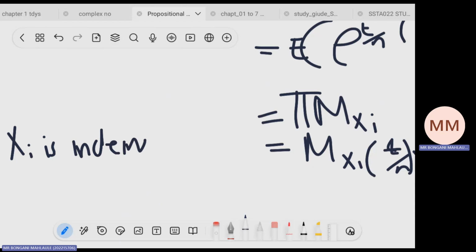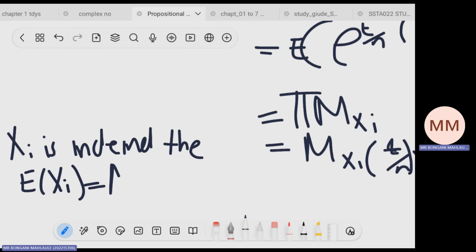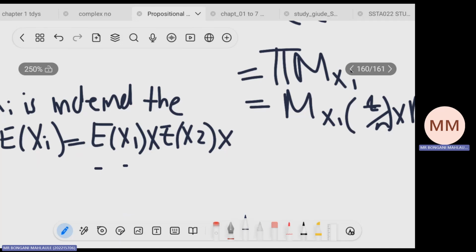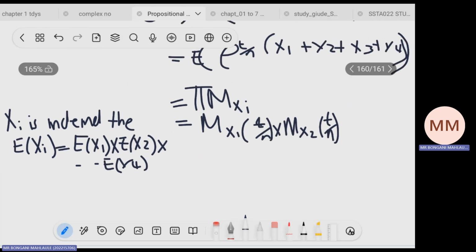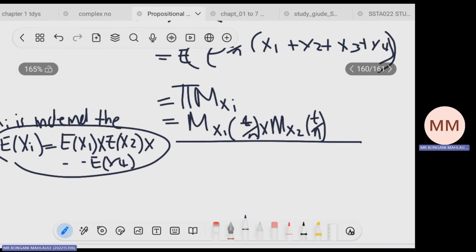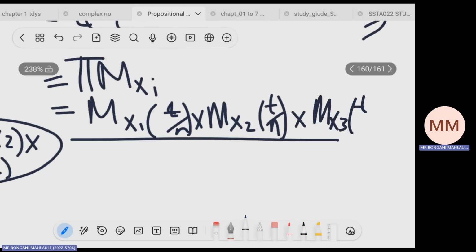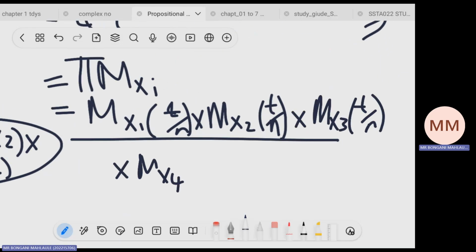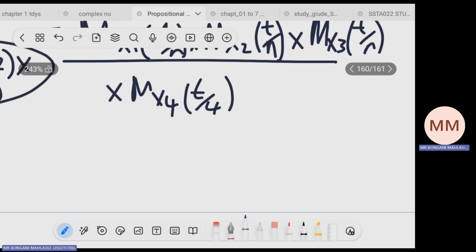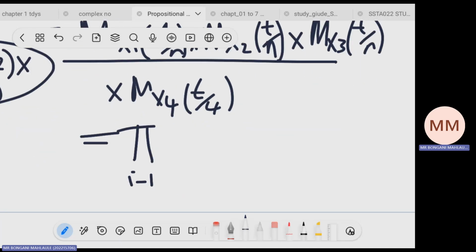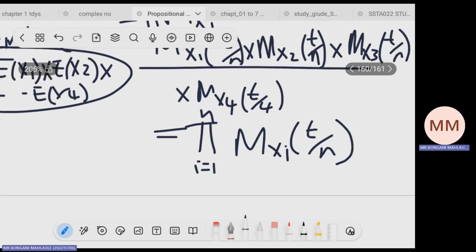Since the xi are independent, the expected value is equal to the product of their individual expected values. So this is actually the same as having something like this, up to expected of x4. What I wrote here is actually equivalent to this, mx3 t over n, mx4 t over n. So this is the same as the product from i equal to 1 of mxi t over n. So this sign is for product.